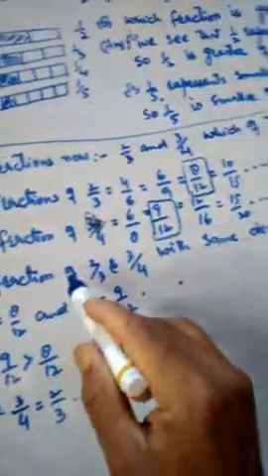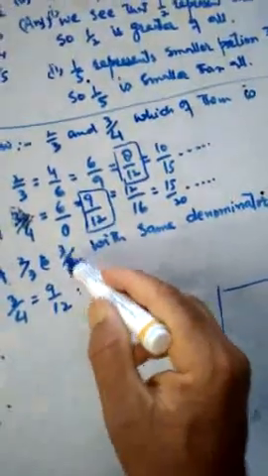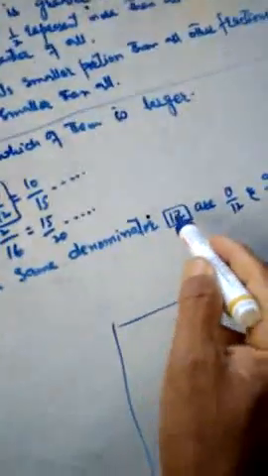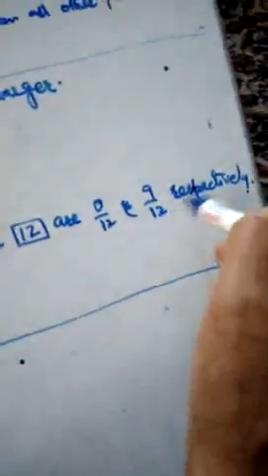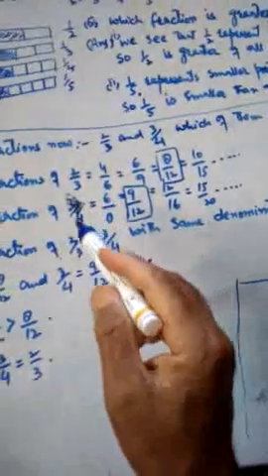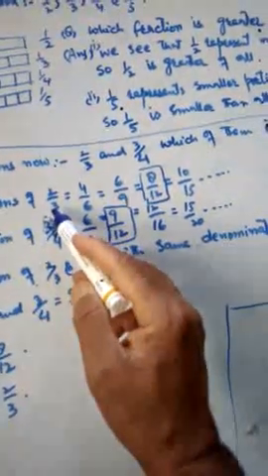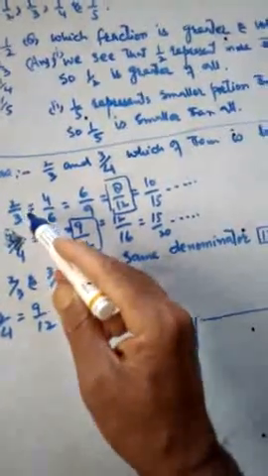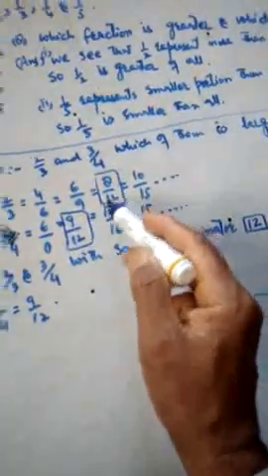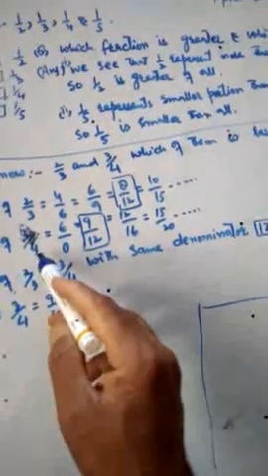Thus, the equivalent fractions of 2 by 3 and 3 by 4 with the same denominator, that is 12, are 8 by 12 and 9 by 12 respectively. That means the equivalent fraction of 2 by 3 with denominator 12 is 8 by 12, and that of 3 by 4 is 9 by 12.